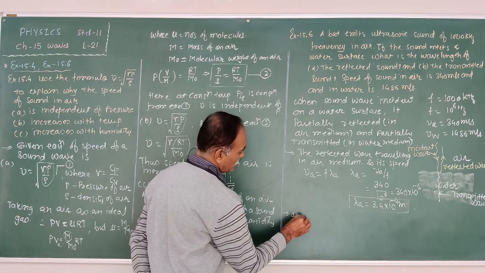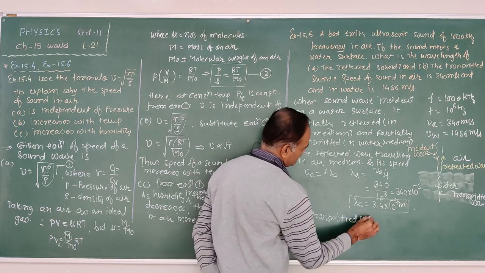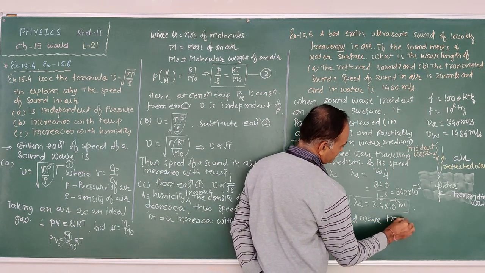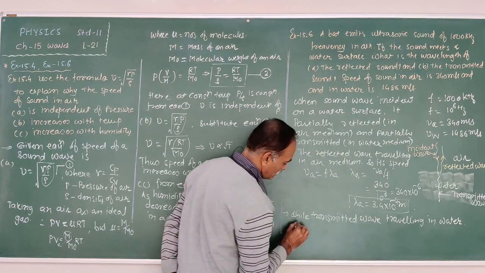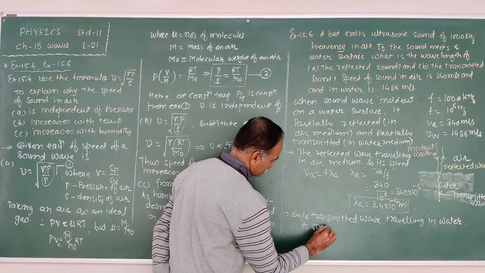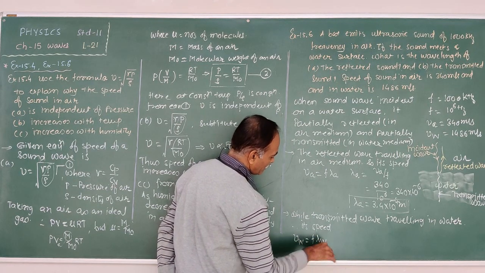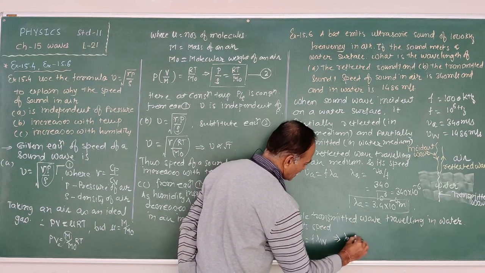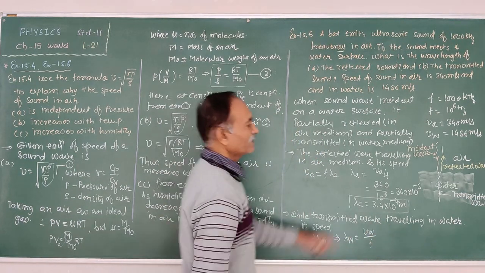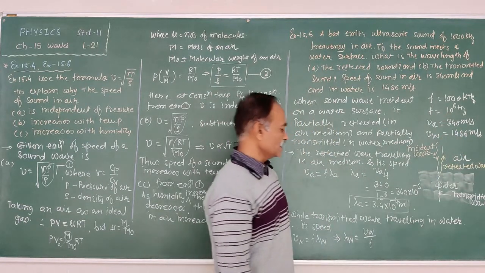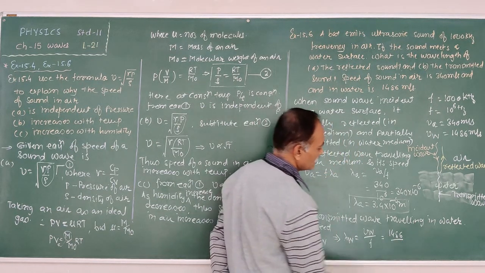While the transmitted wave is traveling in water medium, therefore its speed is VW is equal to F lambda W. Therefore, lambda W is equal to VW upon F. VW is given, that means the speed of sound wave in water is given, 1486 meter per second upon second inverse, that is 10^6.